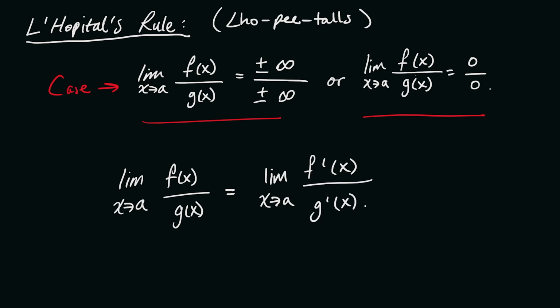Basically, you're taking the derivative of the numerator and the derivative of the denominator, just so that we can find the limit again.